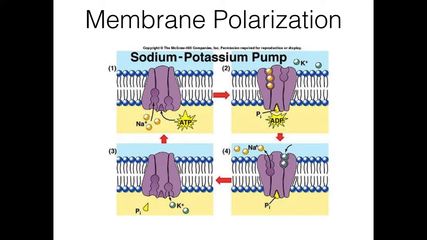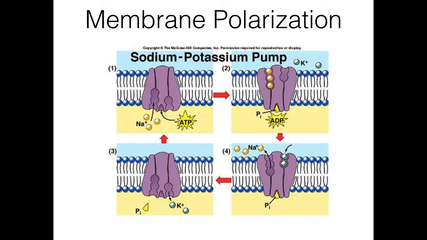Those 2 potassiums bind, as you see here, and then the phosphate from the ATP resets, and the enzyme moves those potassiums inside.